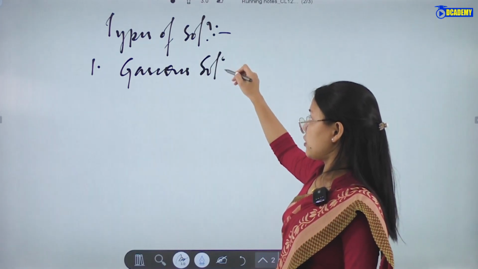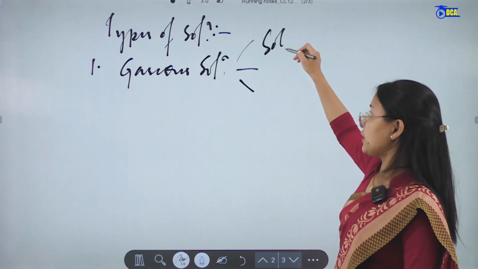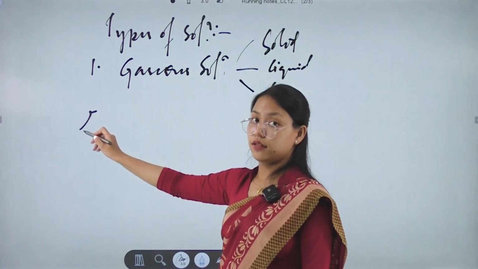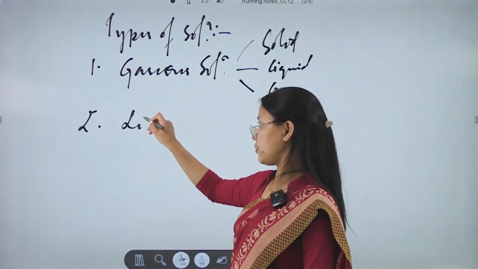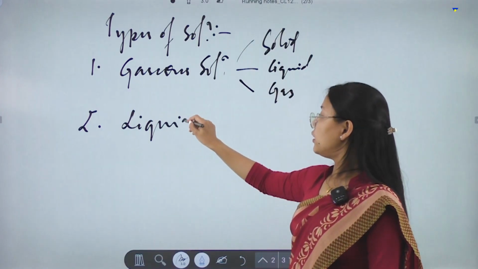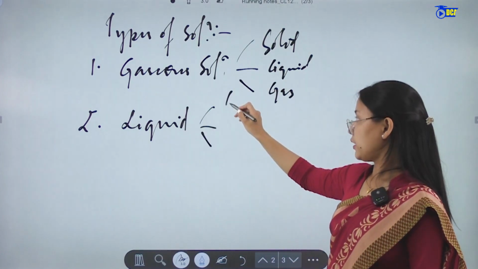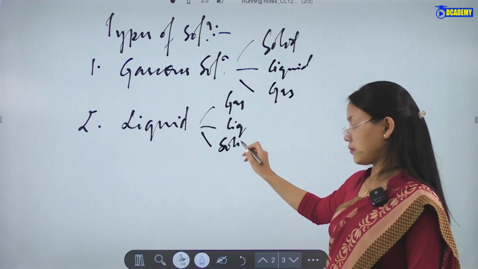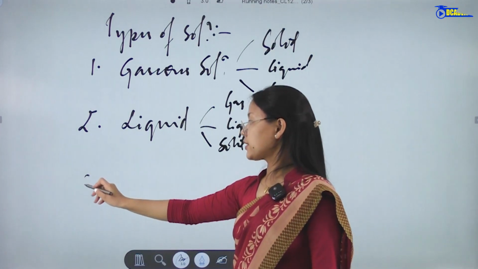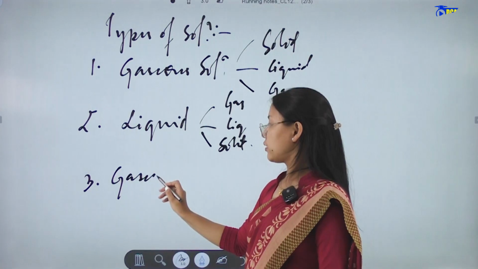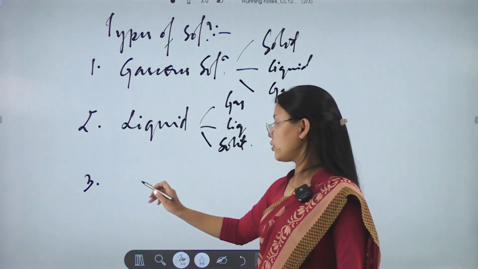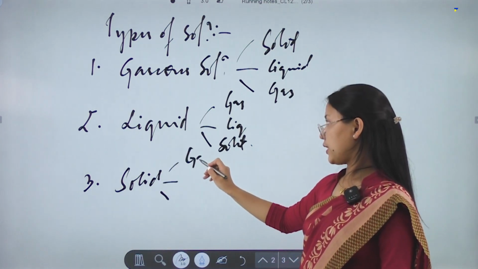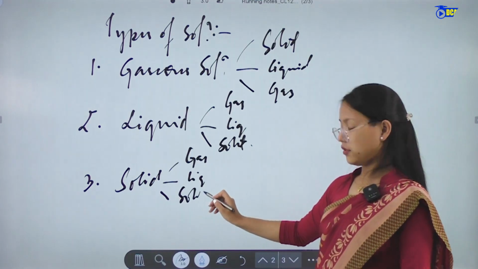Its subtypes are solid in gas, liquid in gas, and gas in gas. Next, liquid solutions, whose types are gas, liquid, and solid in liquid. Then the third, solid solutions, with gas, liquid, and solid.